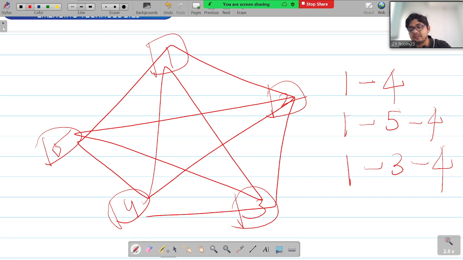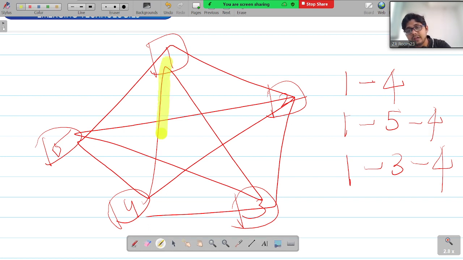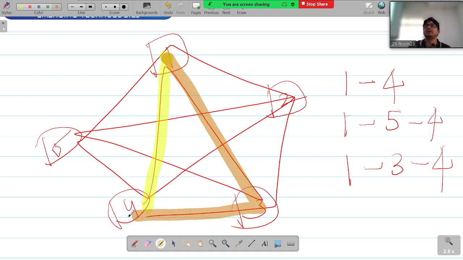Now suppose, for example, this path is having a lot of traffic or this path is not working. So what is the power of grid? We can send data through this other path. Are you understood?